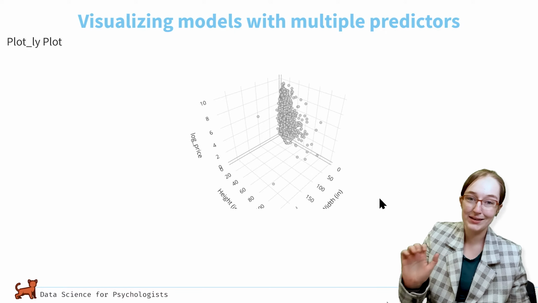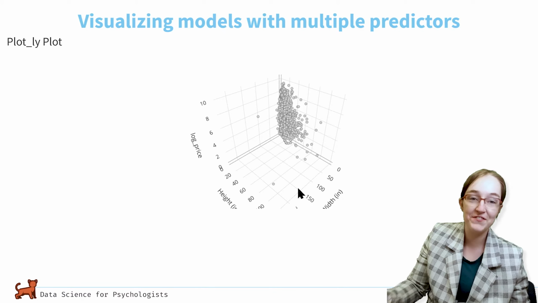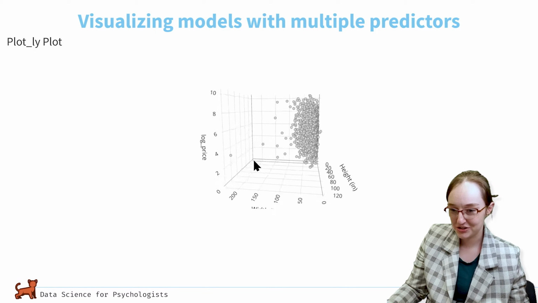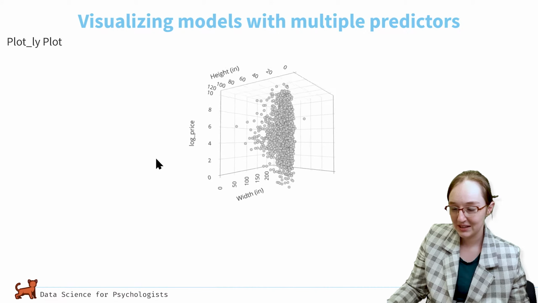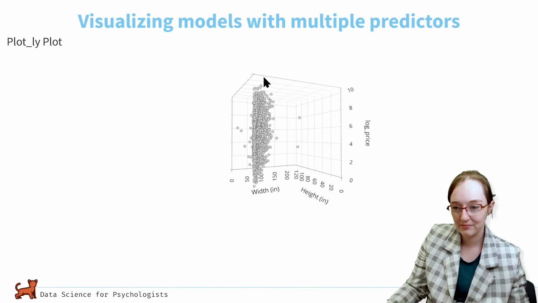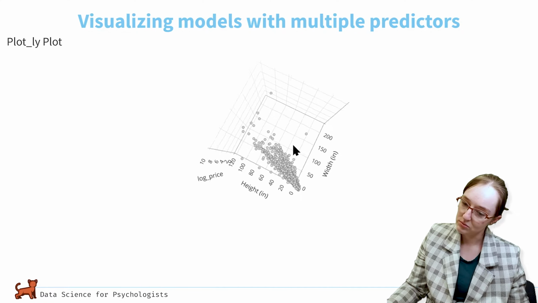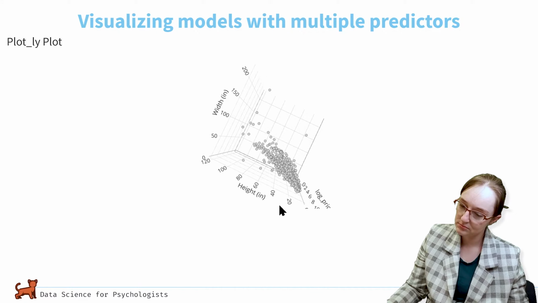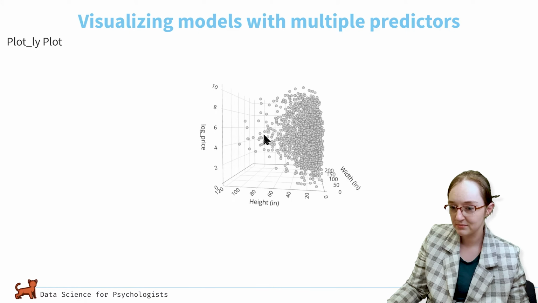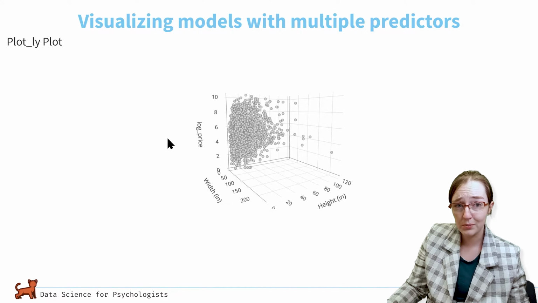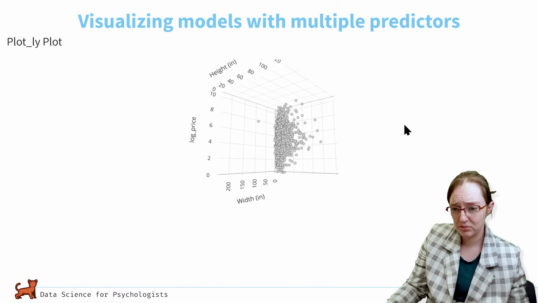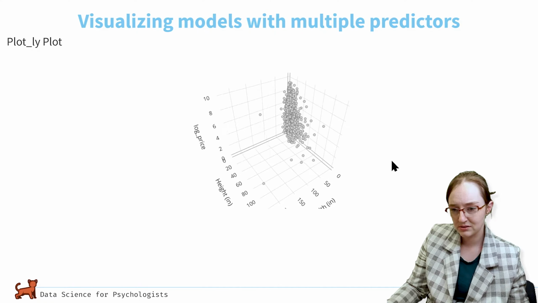But here's the cool thing that I wanted to show you. We can visualize this relationship. Here, this is Plotly. And it shows us the relation. So you can open up these slides yourself and pull around and play with it.